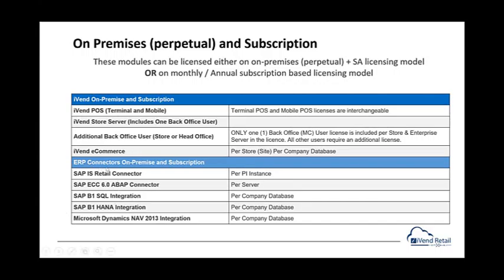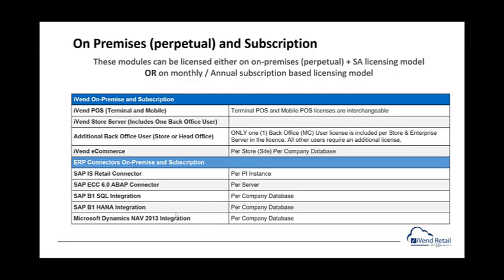And then we have the ERP connectors, which are available both as an on-premise and subscription licensing. The SAP IS Retail Connector is licensed per PI instance, also called the PO in recent times. The ECC6 is per server. The SAP Business One SQL integration is per company database.